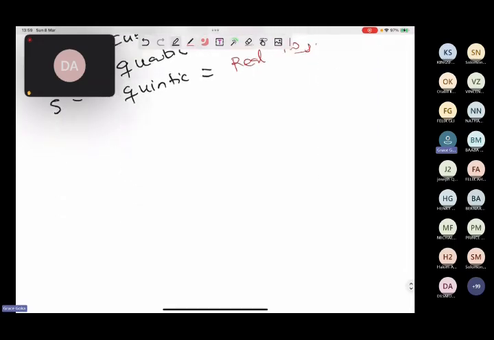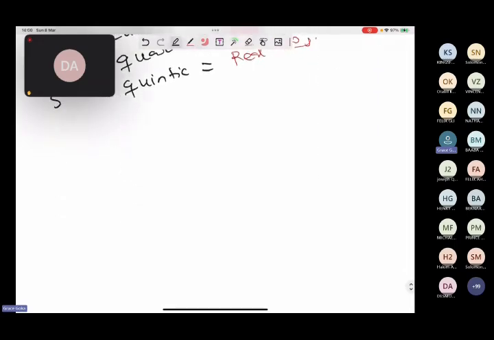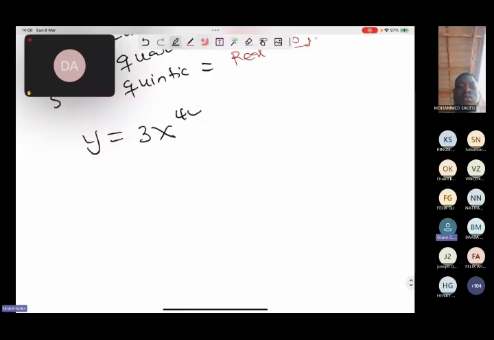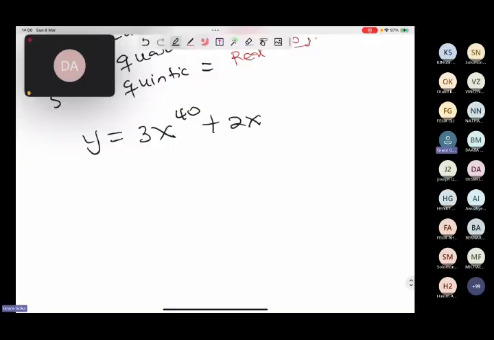So exam-wise, you have to determine the domain of this function. y is equal to 3x to the power 40 plus 2x to the power 3 minus 1. What is the domain of this function? The set of all real numbers. Why?